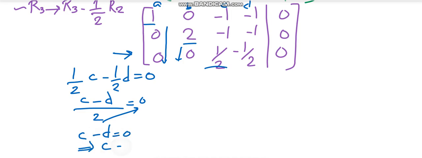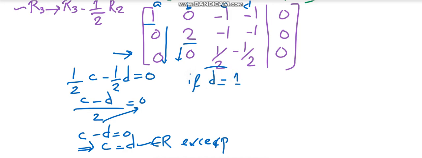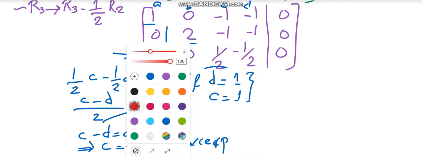This implies C is equal to D. I can choose any value of D from the set of the real numbers except 0. Why? Because then the reactants and products will become 0, and we don't need that. Fine. So if D is equal to 1, then automatically C also becomes equal to 1.